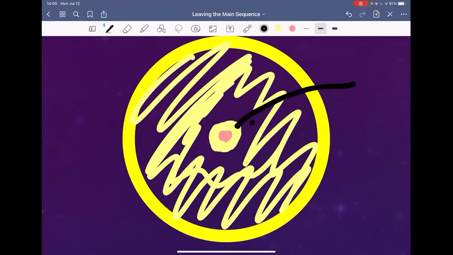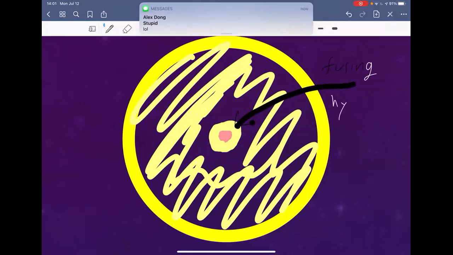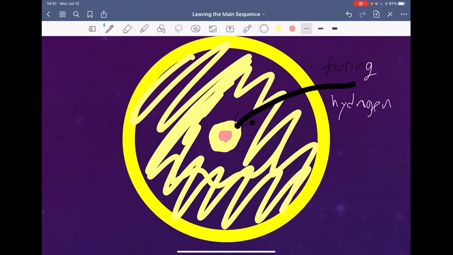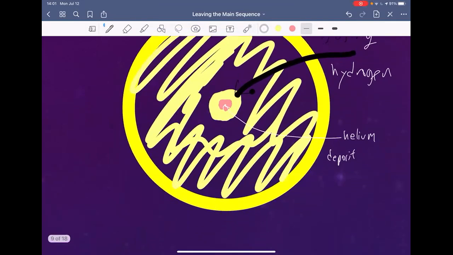We have fusing hydrogen, and this is our helium deposit. That's where all the helium from the hydrogen is being put, right there at the center of our star.